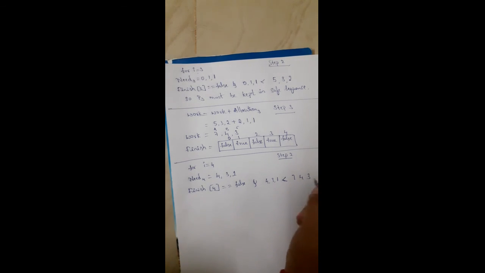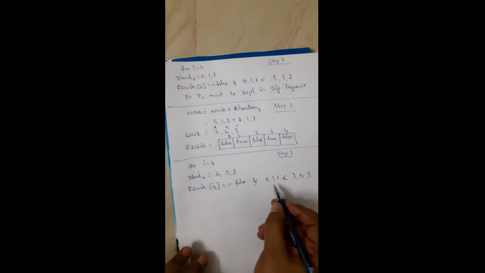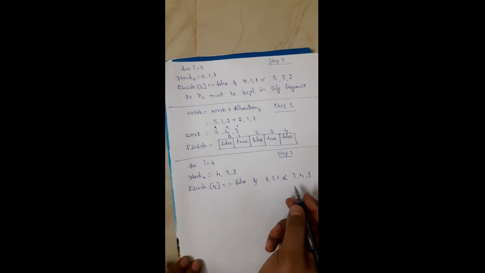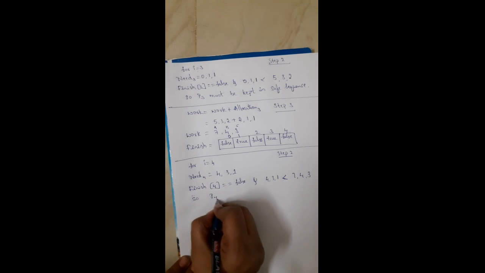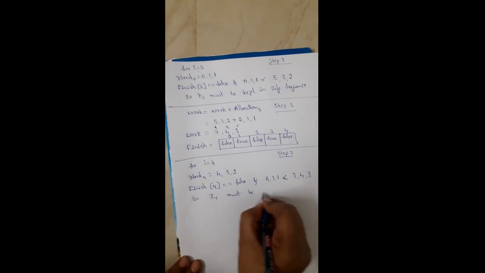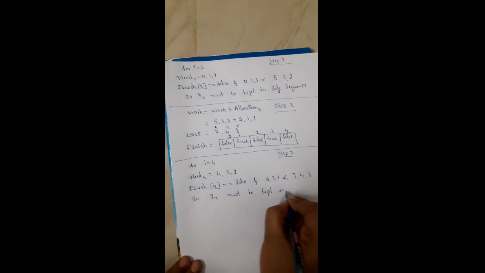Need is lesser than the work value here, isn't it? One second. Okay, so this is lesser, right? So now the next thing is, since this condition holds good, so P4 must be kept in safe sequence, right?